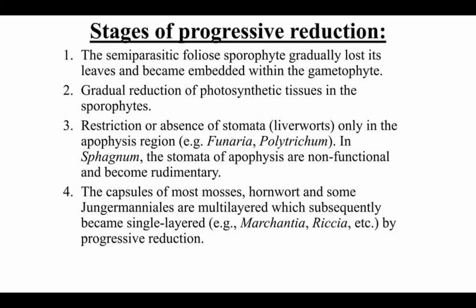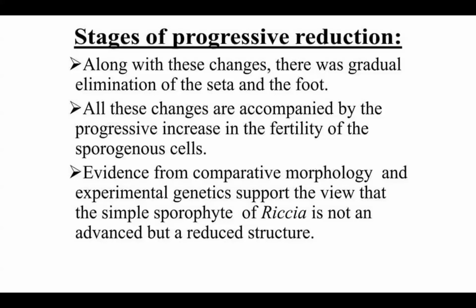Among these stages of progressive reduction, there is gradual elimination of the seta and foot. Here Funaria and Polytrichum are primitive, while Riccia and Marchantia are advanced. In Riccia there is no foot and seta, so gradually the foot and seta are lost.